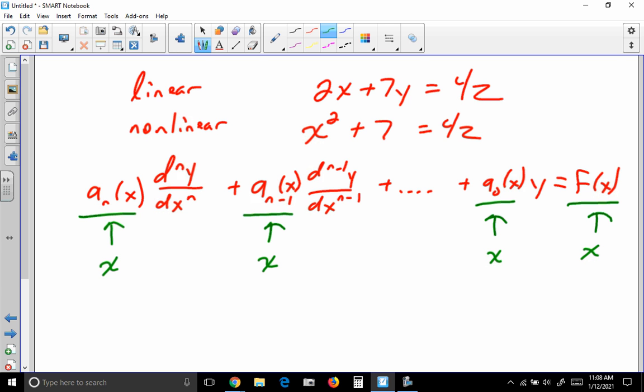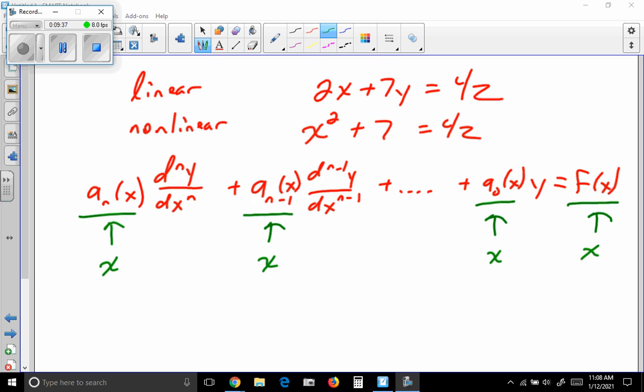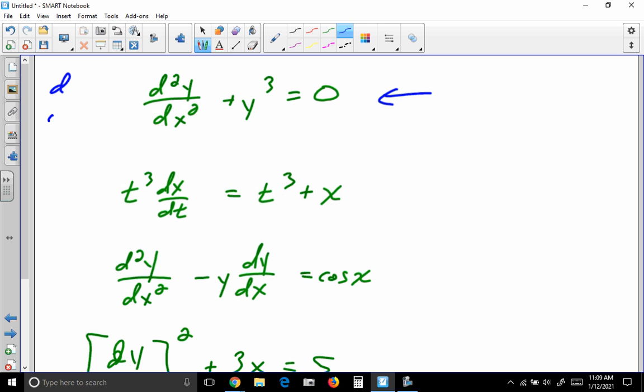So let's take a look at some examples. Let's begin by looking at this one. I'm going to list the dependent and independent variables. The independent variable in the first one is x. The dependent variable is y.